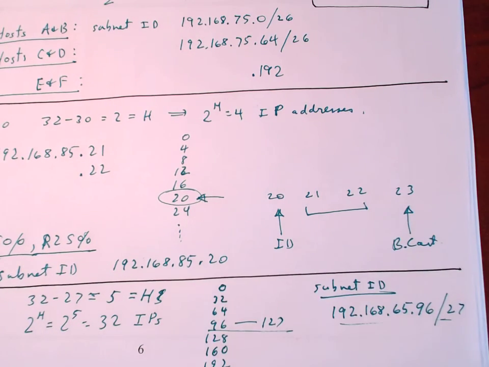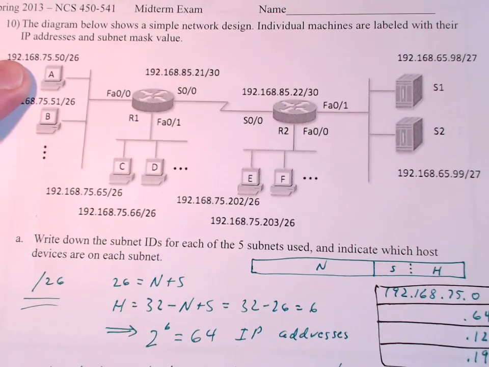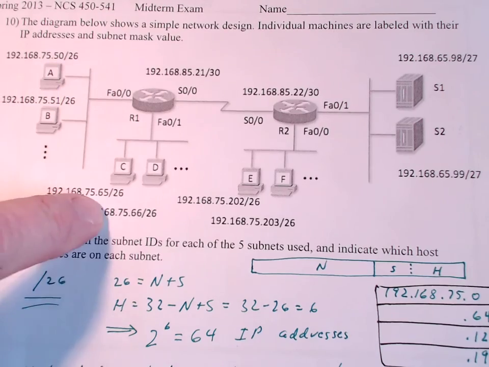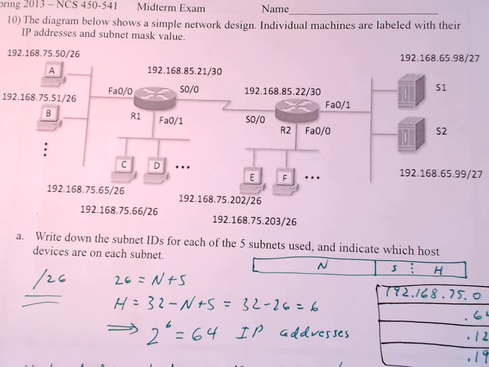So that's how you do part A of this problem. Basically, I'm just figuring out these 5 subnets here. Hope that helps. And I'll do parts B and C to this problem in the next video.